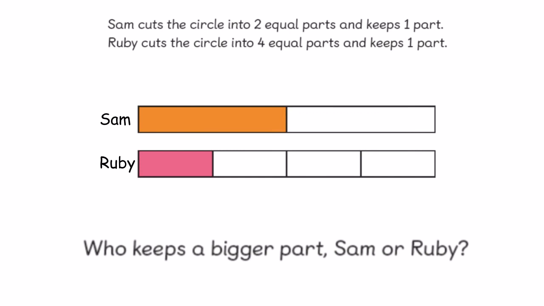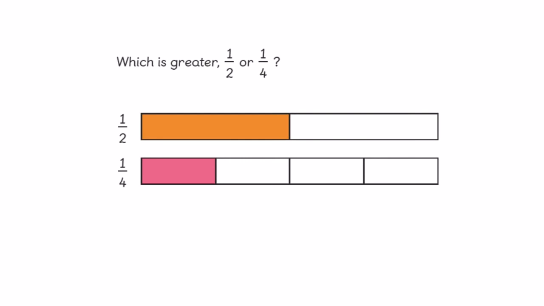We can ask ourselves, which is greater, 1/2 or 1/4? Pause the video and see if you can explain which fraction is greater, 1/2 or 1/4. We can see that 1/2 is greater than 1/4.